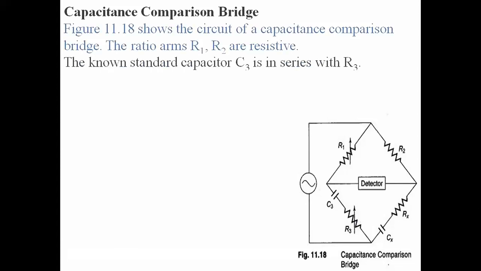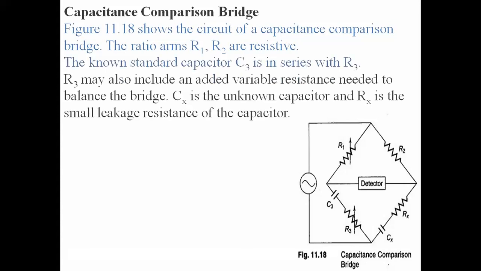The known standard capacitor C3 is in series with R3. So the third arm is a known capacitance in series with R3. R3 may also include an added variable resistance needed to balance the bridge. And Cx is the unknown capacitor, and Rx is the small leakage resistance of the capacitor.